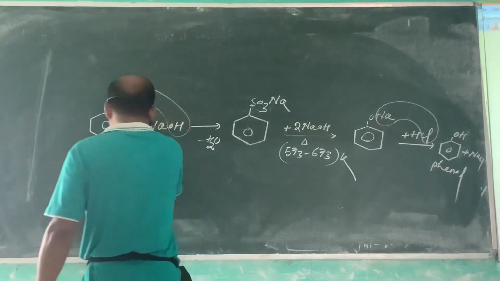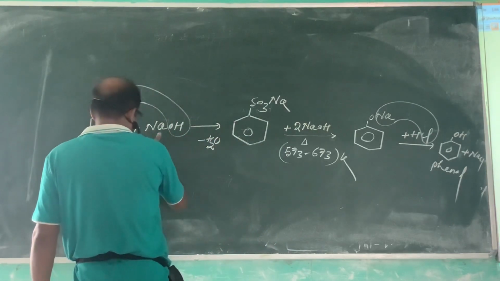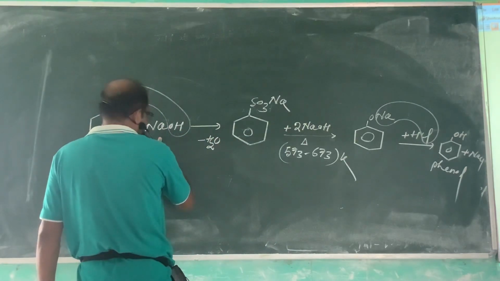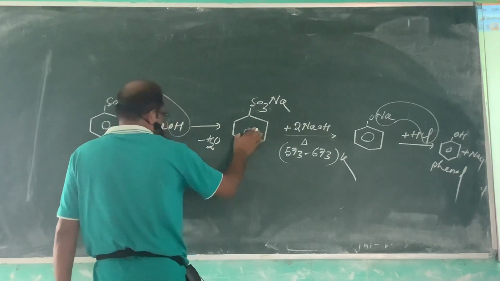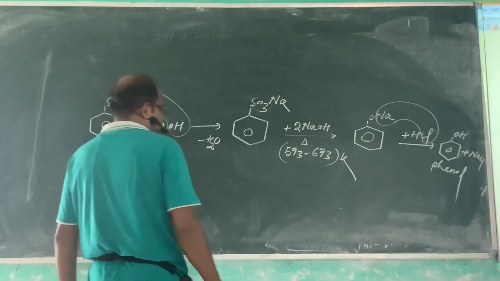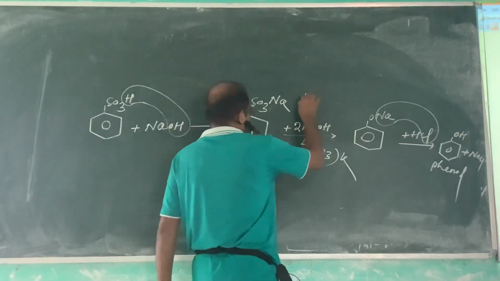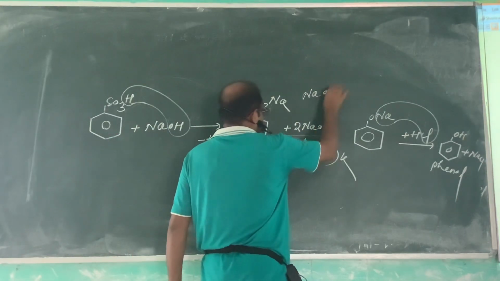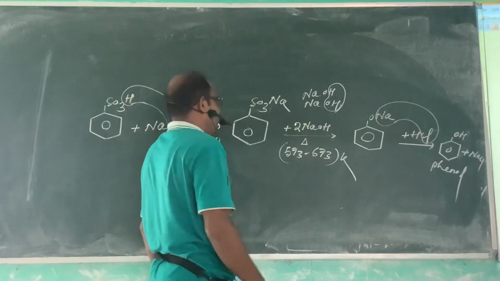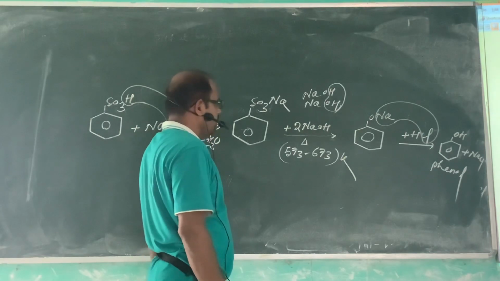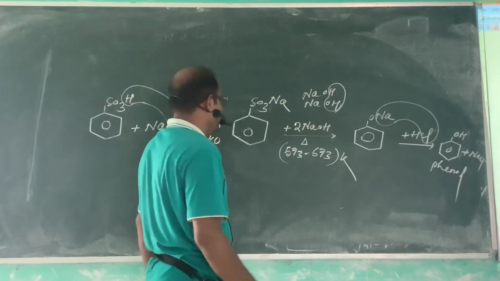When benzene sulfonic acid is treated with sodium hydroxide, it gives sodium benzene sulfonate, a salt, which is further fused with excess sodium hydroxide solution. That means here we take 2 molecules of sodium hydroxide. Hydrogen atom of NaOH combines with OH to give water.